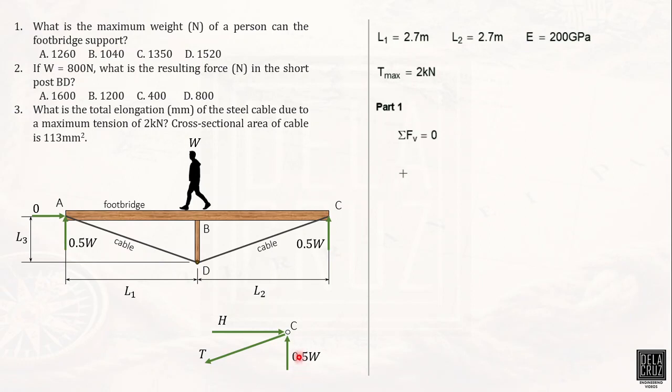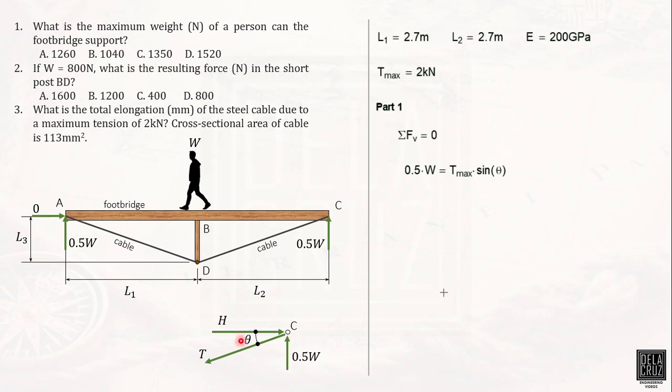Let's start with W: 0.5 of W must be equivalent to the vertical component of T, and of course we'll be using the maximum T, T max times sine of the angle. We don't have the angle yet, so let's say angle theta from the horizontal. We will be needing this angle theta.